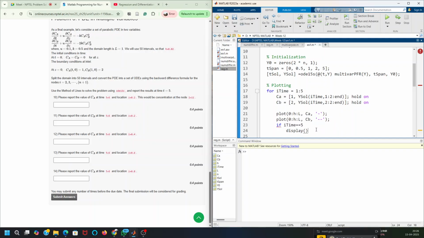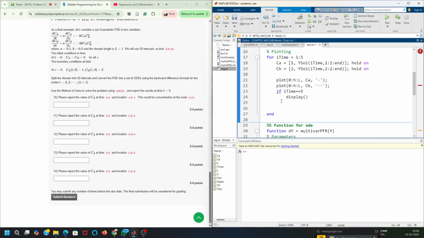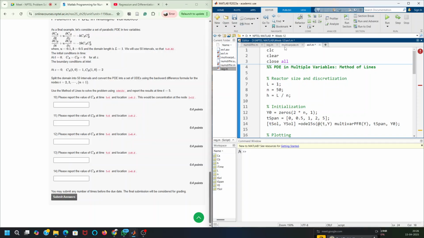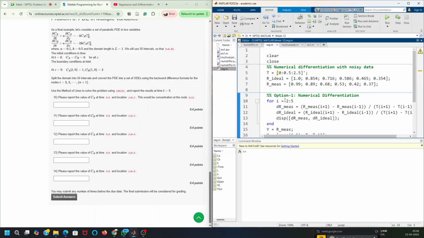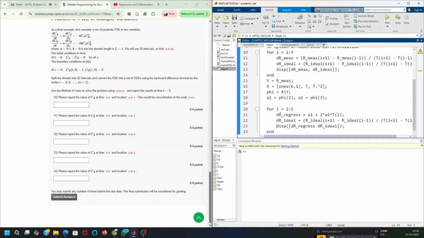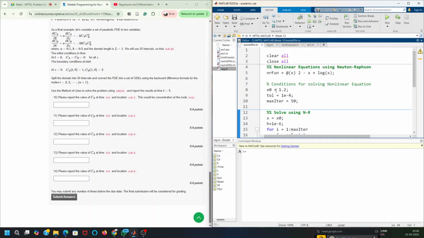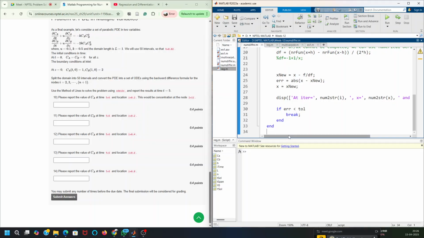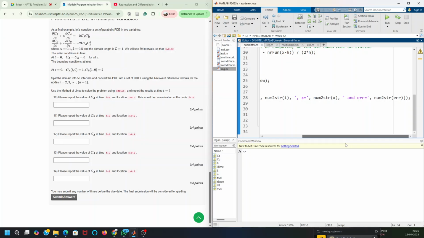We have to basically display the last 0.2, and use something like this.